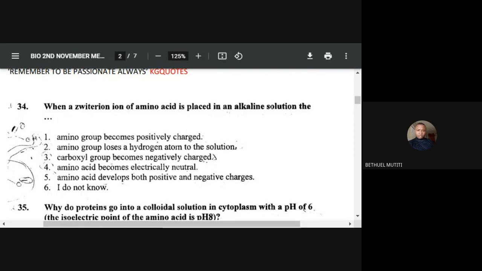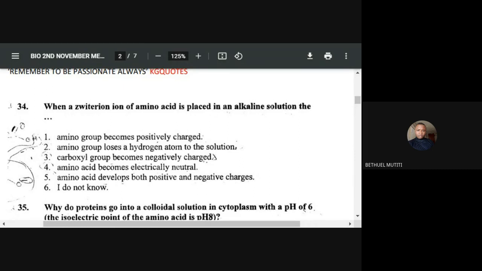Okay, let's just debate on options 1 and 2, because we know that the deuterium ion of amino acids, there are those amino acids which behave as if they are an acid or as if they are a base, depending on the medium or the solution in which it is.